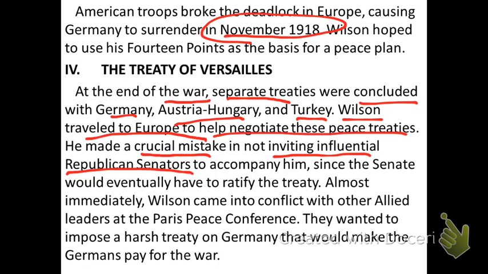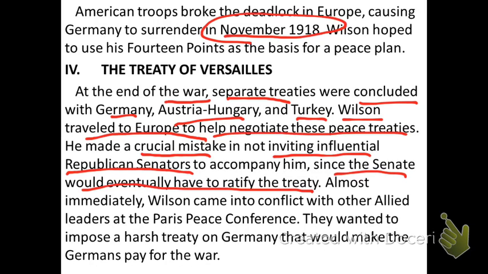He did not take along any of the senators who would be beneficial in getting this treaty passed in the Senate. We'll talk about one of them in a few moments. Since the Senate is responsible for ratifying treaties, it pretty much doomed it.